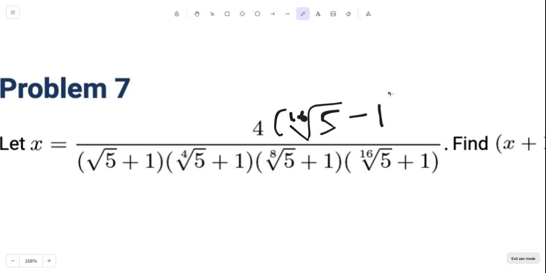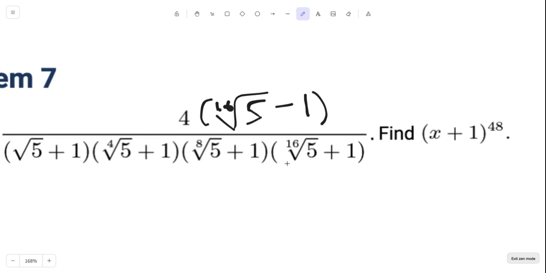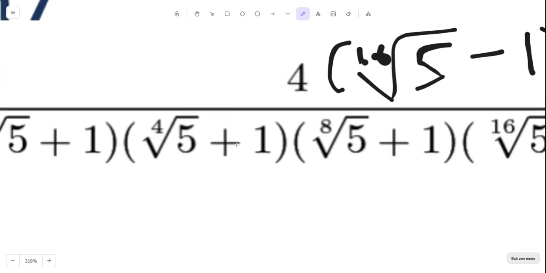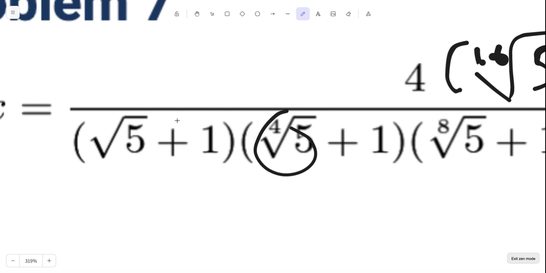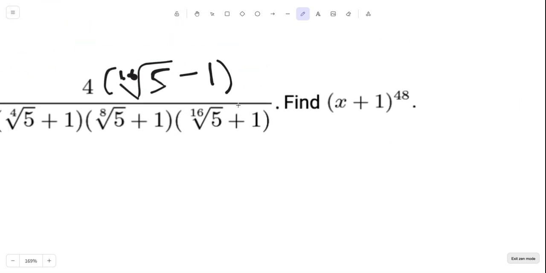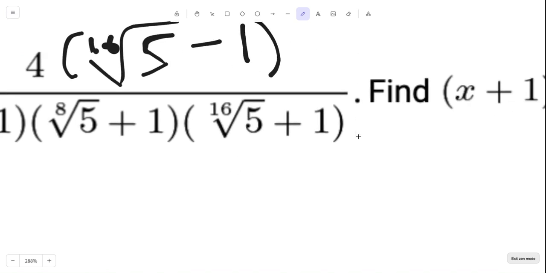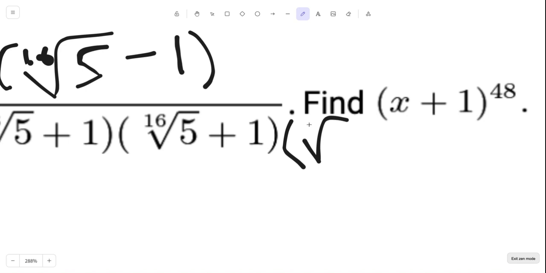And that's the 16th root of 5 minus 1, because note 16, 8, we have the 4th root and the 2nd root, which are powers of 2. So if you take this conjugate, then in both the numerator and the denominator, sorry.